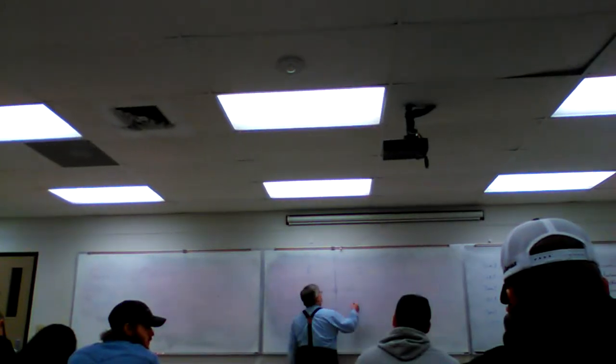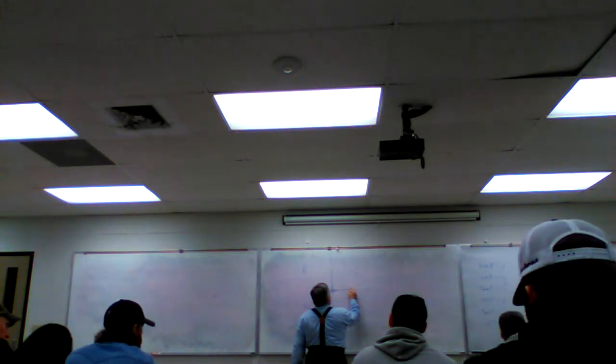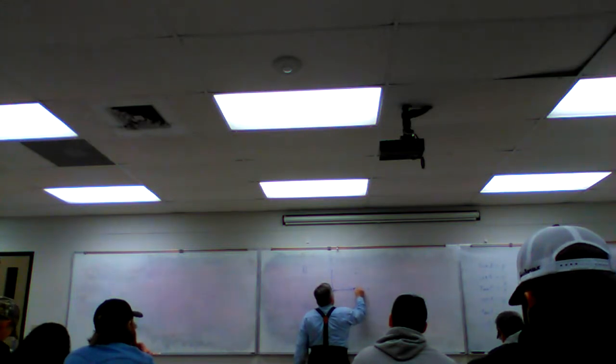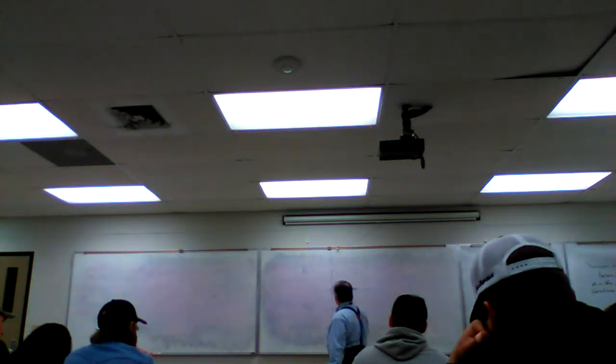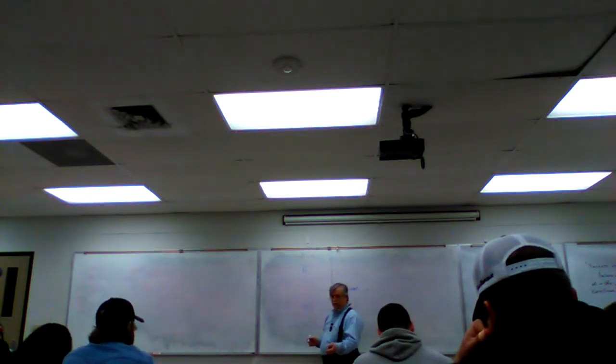So let's find the exact trigonometric functions of the quadrantal angles. What's this quadrantal angle? Zero and 360. 360 what? Degrees. Or, in radians? 2 pi.